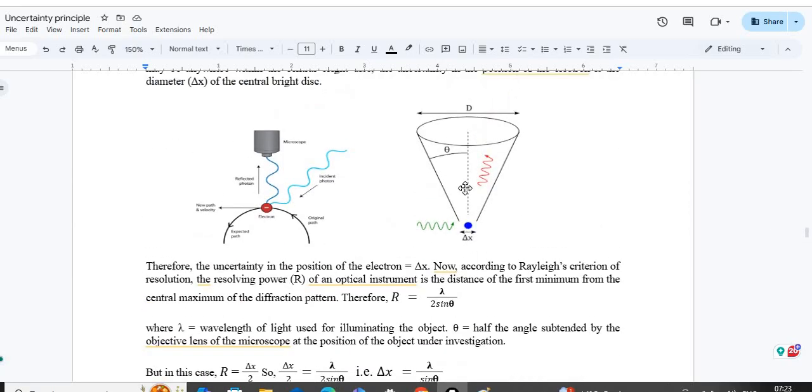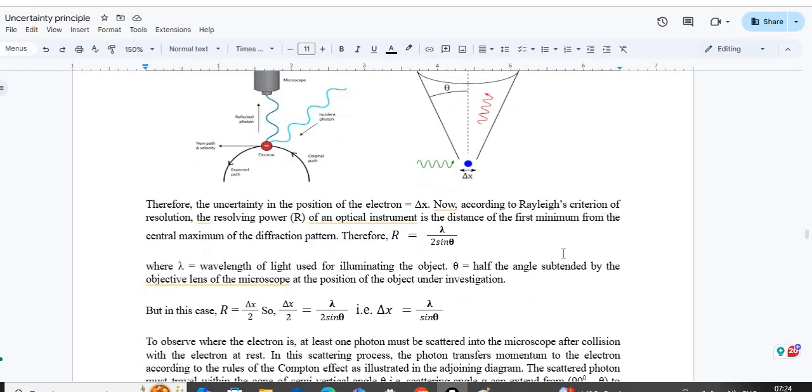To capture the scattered light and see the position of the electrons, we need to use the concept of the microscope's resolving power. The resolving power of a microscope is given by R equals lambda divided by 2 sine theta. Why is this 2? Because you have two parts, the left side and the right side, and the angles are given as theta.